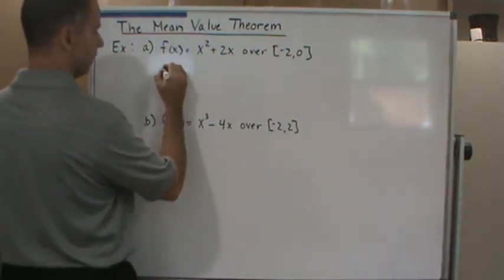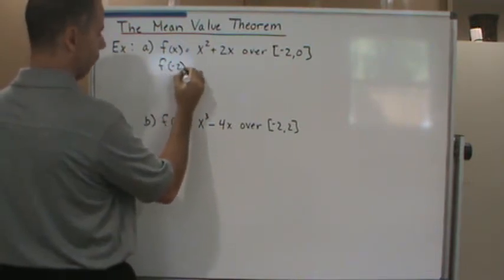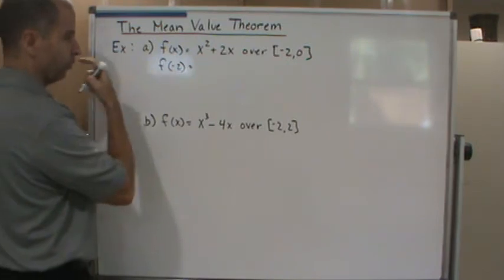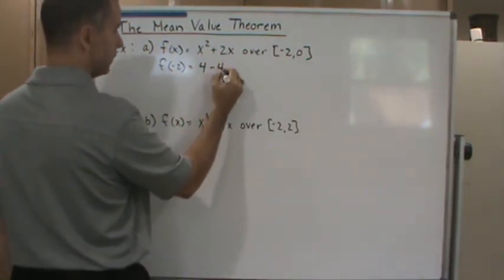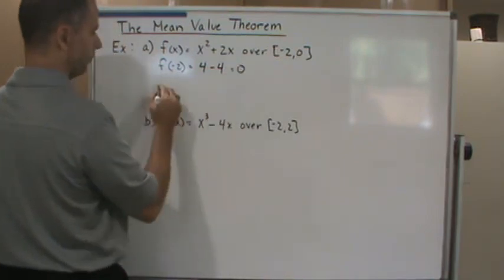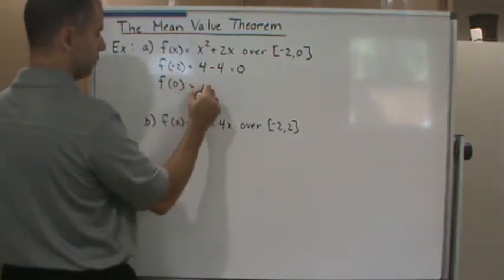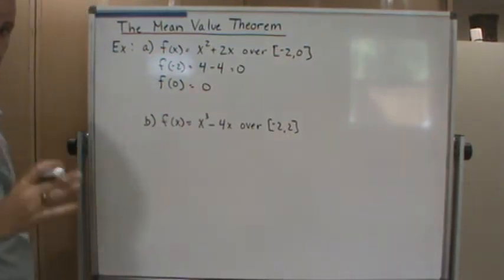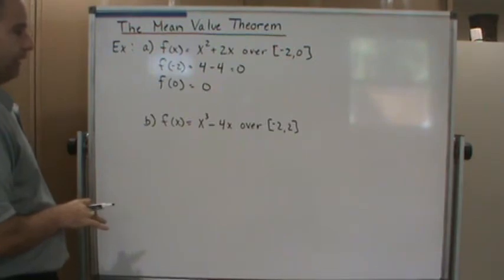So let's do f of negative 2. f of negative 2 equals 4 minus 4, which equals 0. And f of 0 is also equal to 0. So we're good.